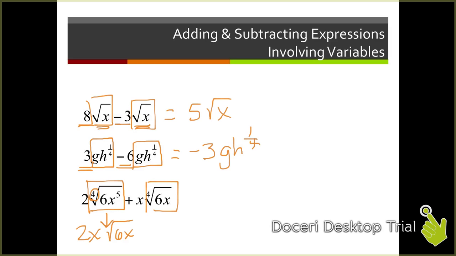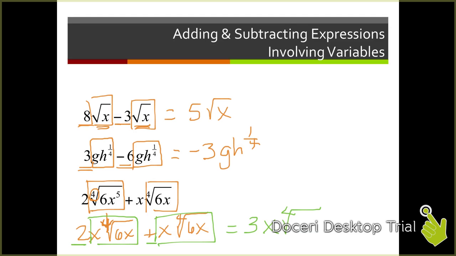So this becomes 2x 4th root of 6x, and then plus an x 4th root of 6x. What ends up being the like term in both of these is the whole x 4th root 6x part. So I end up with 2 here, 1 more here, which gives me 3x 4th root 6x as an answer.